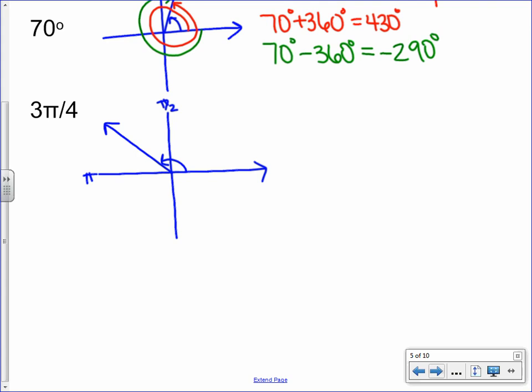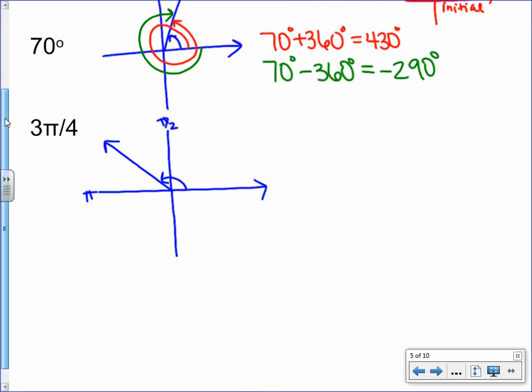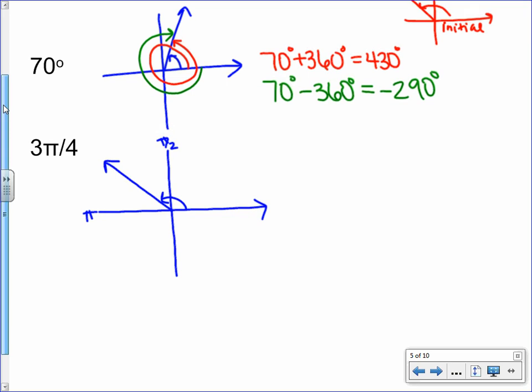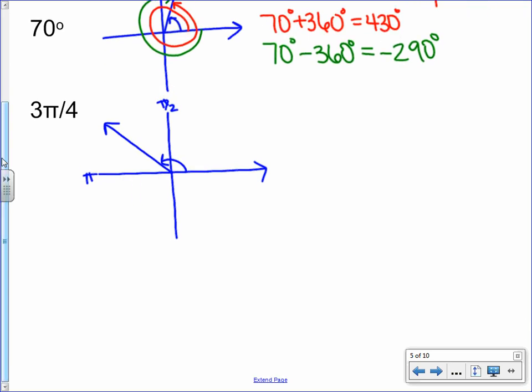Okay. To find coterminal angles in degrees, we added or subtracted 360. To find coterminal angles in radians, what are we going to do? Add or subtract 2 pi. So let's start with 3 pi over 4 and add a full rotation.